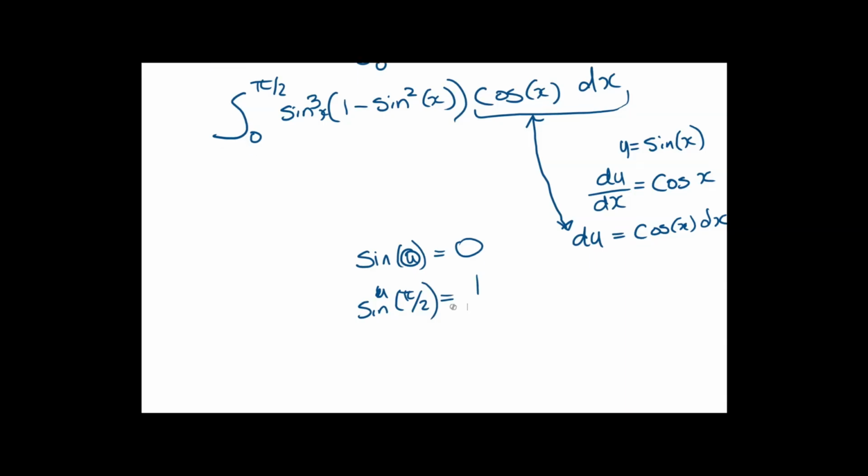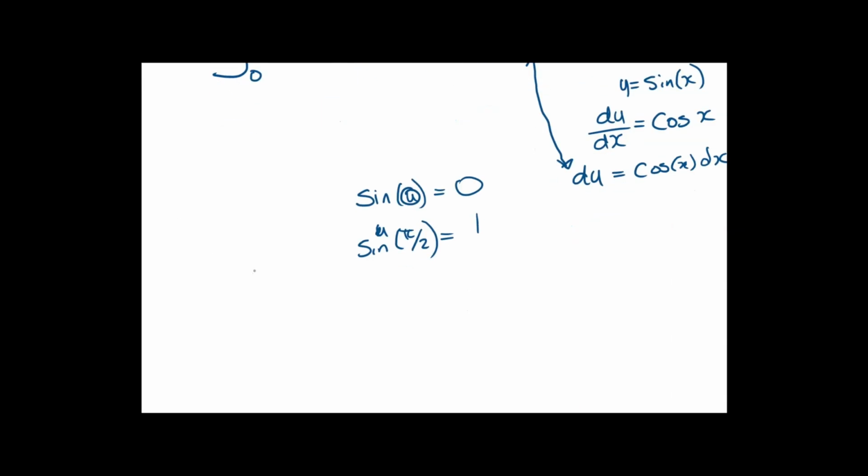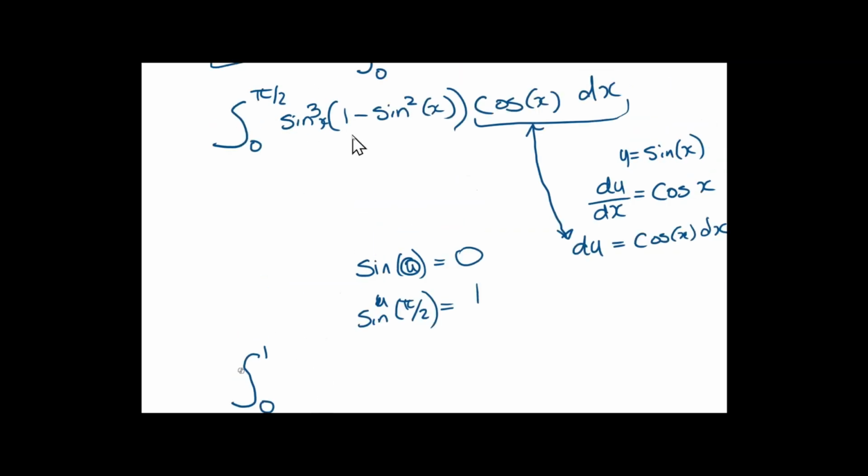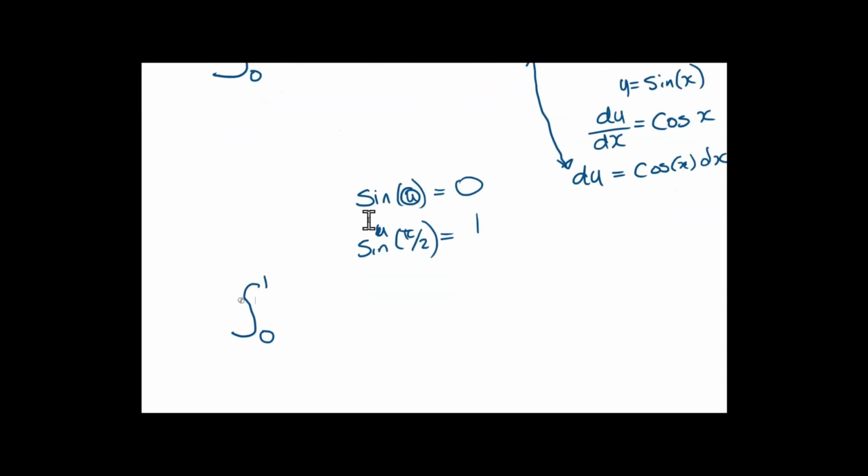Now we can rewrite this. This all looks like magic in these bits. Integral calculus is magic. From 0 to 1. Look up here, sine cubed of x is just u cubed. Sine squared x is u squared.